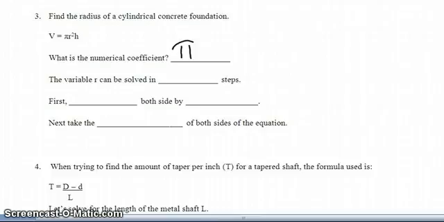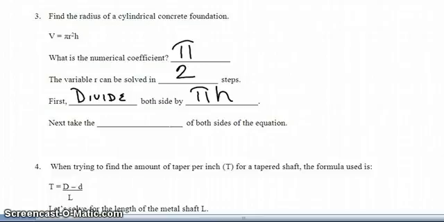And the variable r can be solved for in, this is kind of like how many notes does it take you to know a song. This time we can do it in 2 steps. So first, we need to divide both sides by pi and h in the same step.